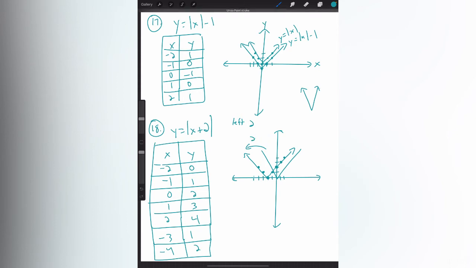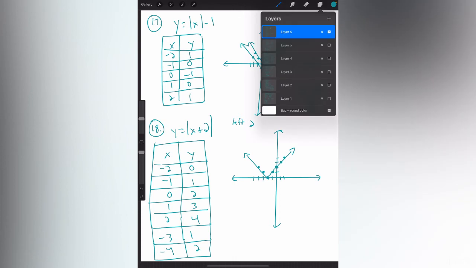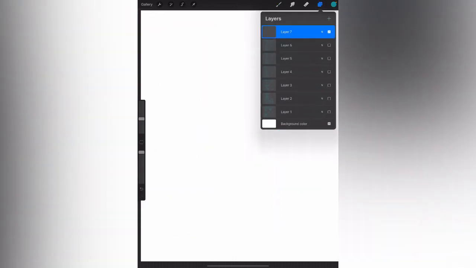So 2 units to the left, it's been shifted. So that's important because as we go through and you start making these tables of values, you're going to get kind of bored of doing this over and over and over again, creating these values. But the purpose and the reason why I've added so many of these on here, and you have 5 of them you have to graph, is that you go through and realize what you're doing.